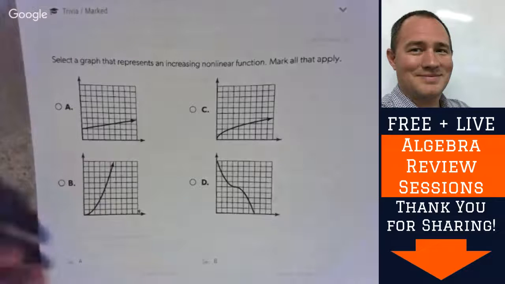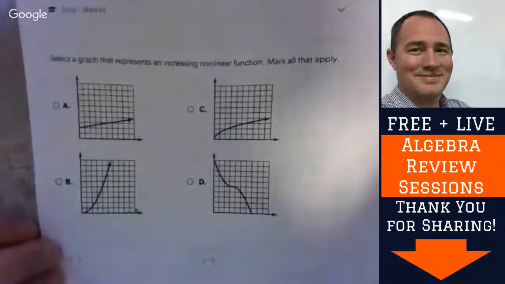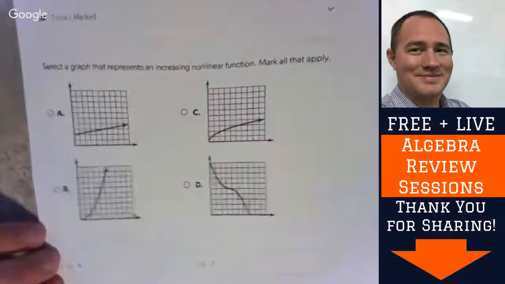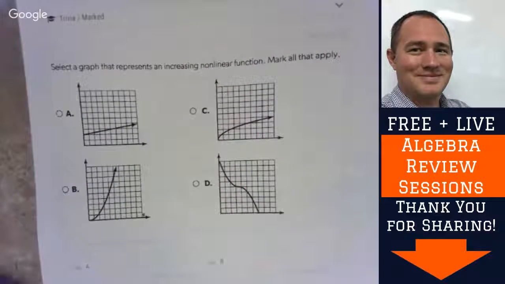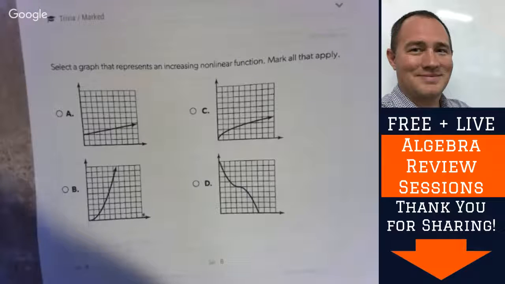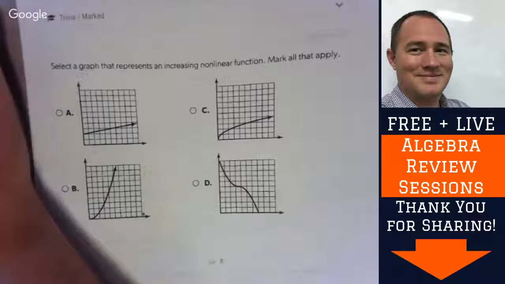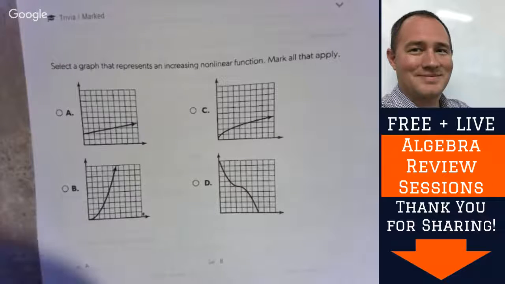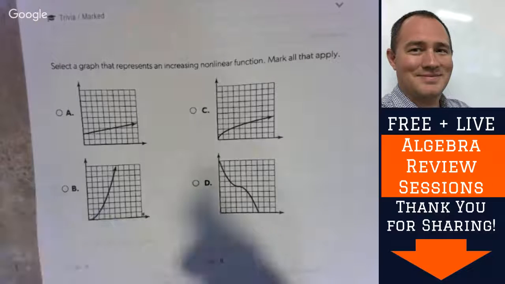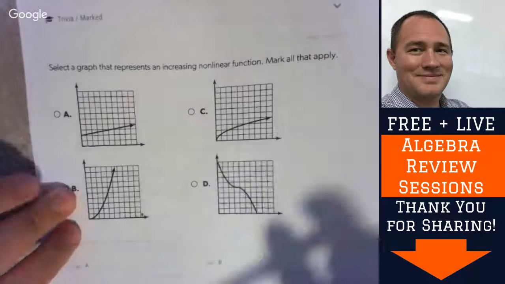Okay, so let's get started. All right, so selecting a graph that represents an increasing nonlinear function, we want to mark all that apply. So when we read this, we see increasing, and increasing you want to think of as walking from left to right, that you're going uphill.